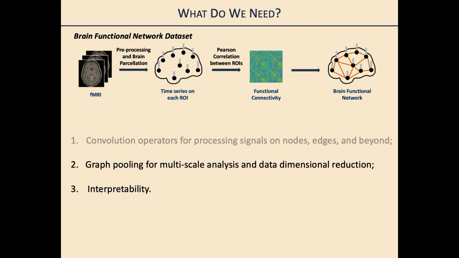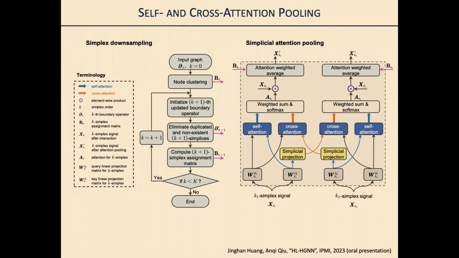So in order to be able to reduce the dimensionality of the data, as well as trying to learn multi-scale information, we actually need to think about some pooling process, as we see in this morning's talk, right, for traditional convolution neural network. So we also need to do some pooling process on the graph. So how will we be able to do that?